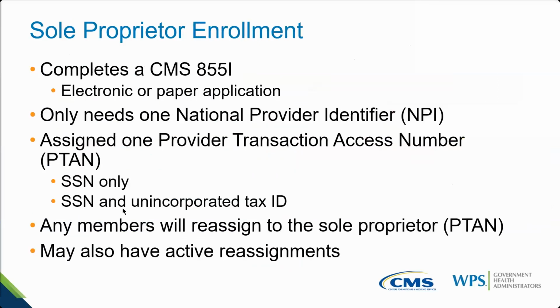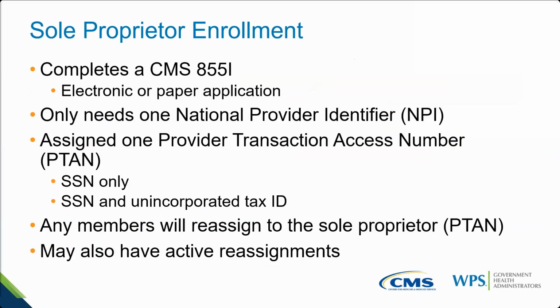So as I mentioned with their enrollment, they're going to complete the CMS 855I either electronic or on paper. Sole proprietors are only going to have one NPI, and it's going to be a type 1 NPI for an individual. They do not need to have an NPI for their business. So that's that National Provider Identifier. That's that 10-digit number that is utilized to actually bill.